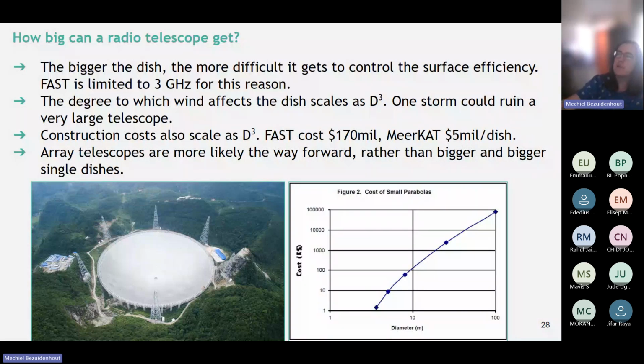You can budget to expand the telescope gradually with an antenna array. So for all of these reasons, the future of radio telescopes very much points in the direction of array telescopes, rather than continuing to build bigger and bigger single dish telescopes.